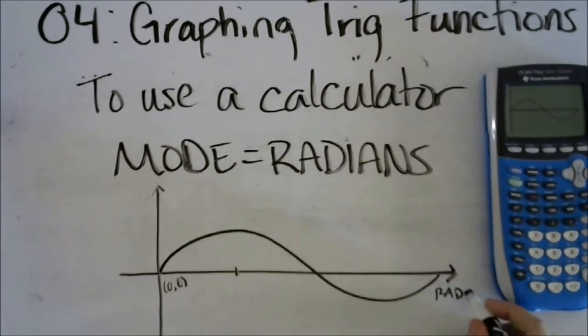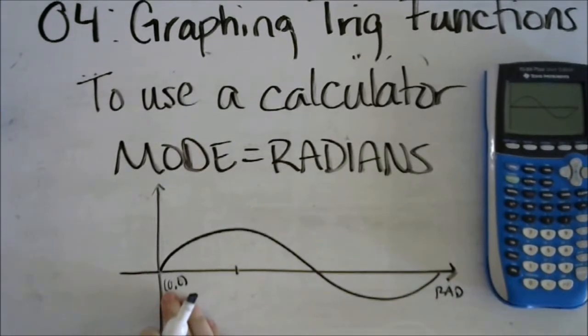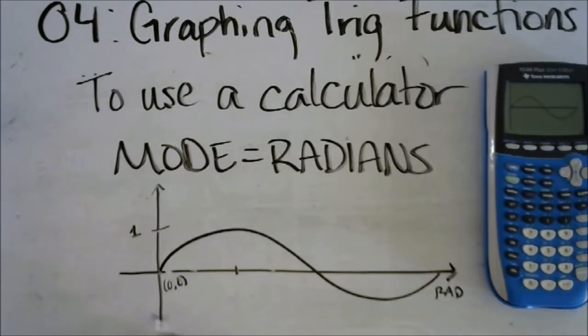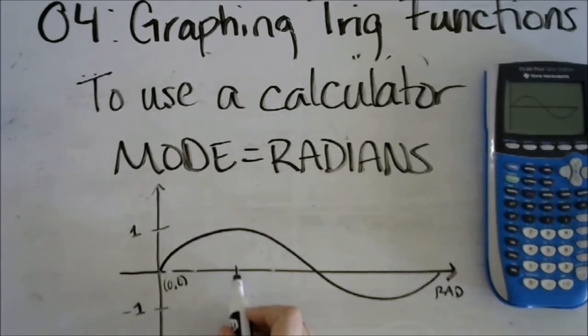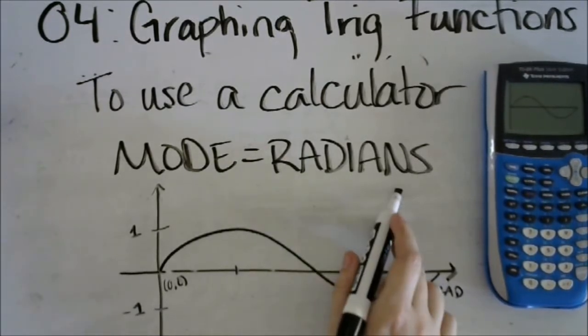So what are the critical values for sine? I know 0, 0. I know that sine peaks at 1 and peaks at -1. When does sine equal 1? You may have thought 90 degrees, but we want to relabel this graph in radians. What's 90 degrees in radians?